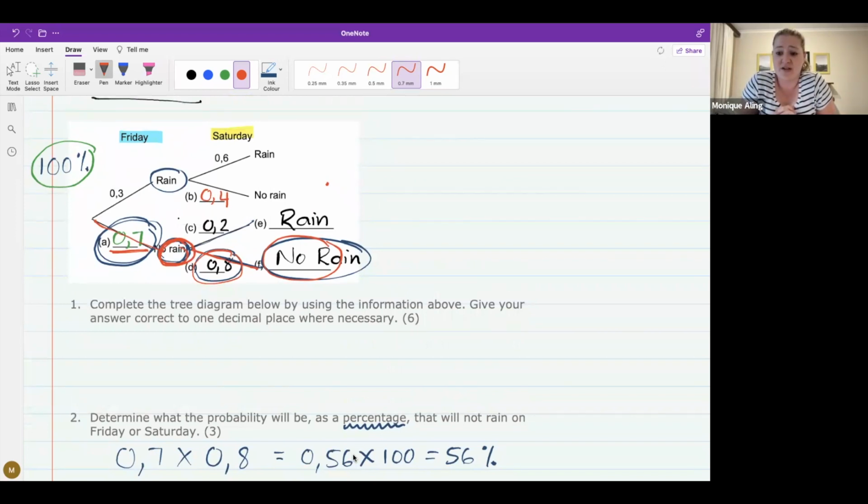Hopefully really, really good. They are a bit tricky. Do you think you need a little bit more practice with tree diagrams?